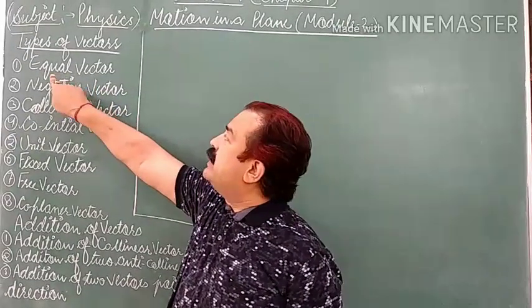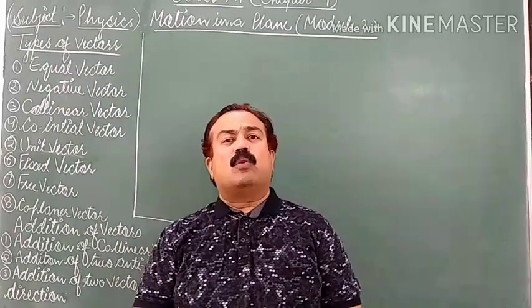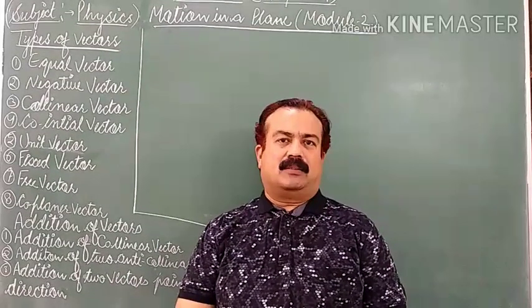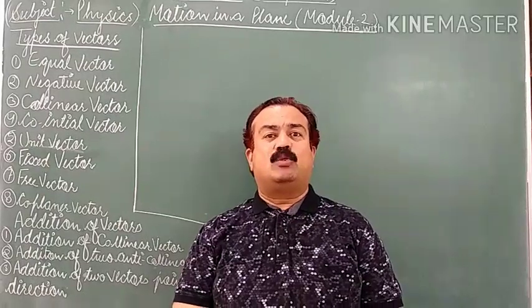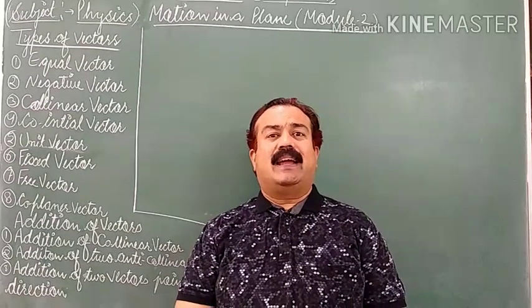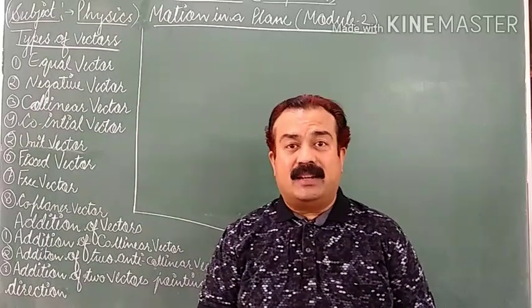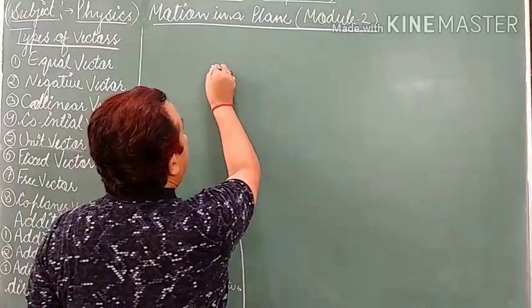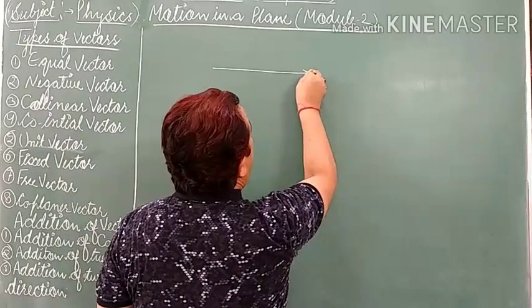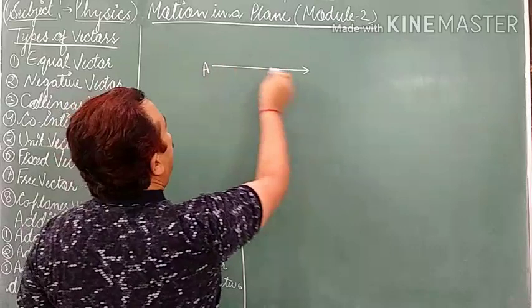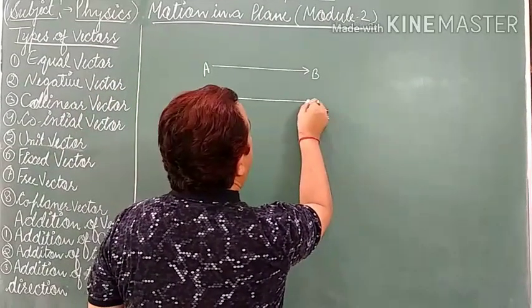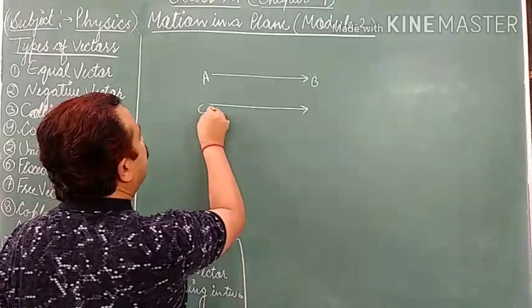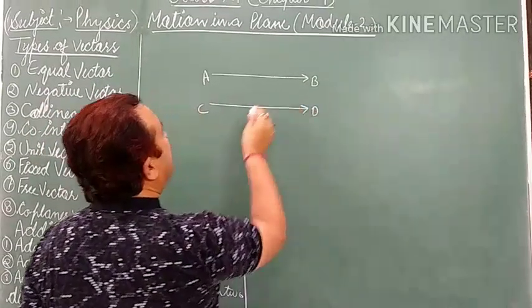The first one is equal vector. What is the meaning of equal vector? Equal vectors are those vectors in which the magnitudes are the same and they have the same direction as well. You can see this is, let's say, vector AB and another vector of the same magnitude and having the same direction.